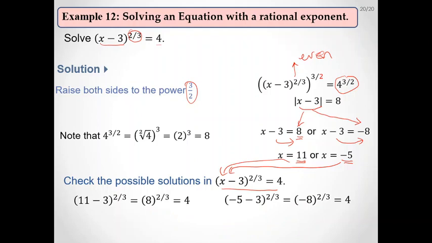Here it's negative 5. This makes negative 8, and negative 8 means second power, and to take this third root, this gives you a third root of 64, which is 4 again. And then we check them, and the solution set turns out to be negative 5 and 11. And so we say, yeah, the solution is negative 5 and 11.